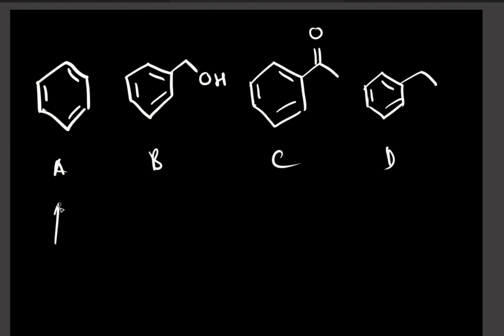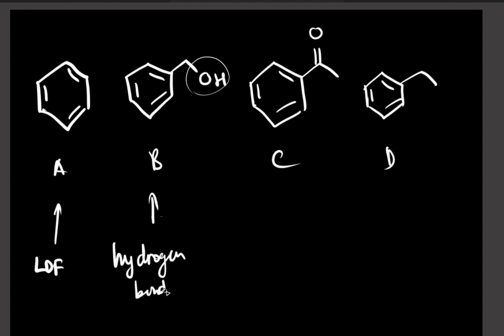So in this molecule, in A, it's absolutely not polar, so we can only see London dispersion force here. And here we can see that there is an OH group, and what is that going to tell us? That we have hydrogen bonding. Right?